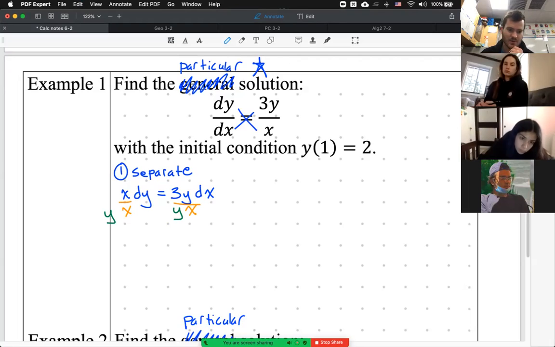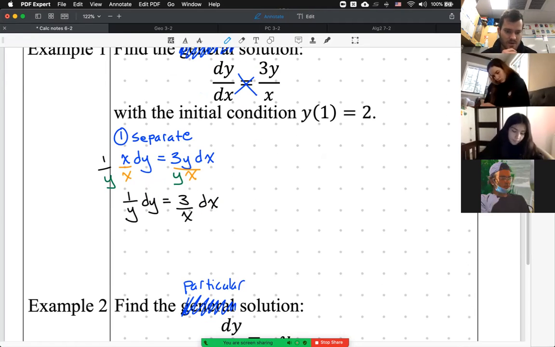So what is our new equation after we divide by xy on both sides? Y dy and 3x dx? Really close. So you're actually doing 1 over y and 1 over x. So you'll have 1 over y dy on the left-hand side. And then 3 over x dx? Perfect. Yeah, 3 over x dx. All right. Good job, Andrea. You have officially completed step number 1. We have separated. Let's move on to step number 2.